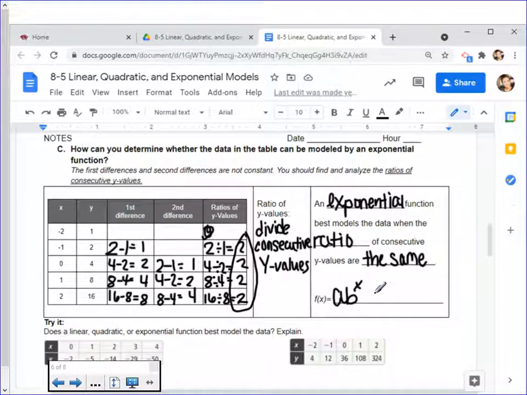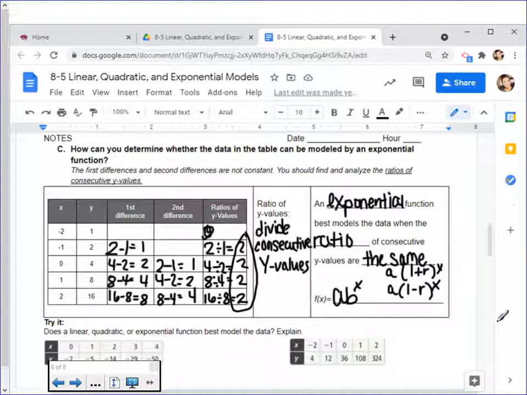But remember, we also have an exponential growth and an exponential decay. Sometimes it looks like this. That's an exponential growth, and then this one would be an exponential decay. So there's 3 different equations it could look like. It's one of those.